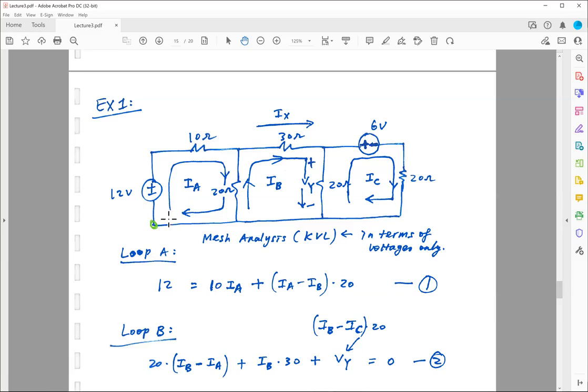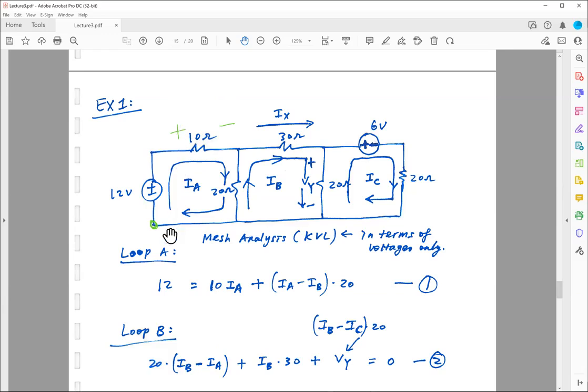The reason I know it's a voltage drop is because I know the current is going clockwise. When the current enters this 10 ohm resistor, it's going to create a plus here and a minus there. Since I'm going clockwise, I'm going from a higher potential to a lower potential, so we know this corresponds to a voltage drop.